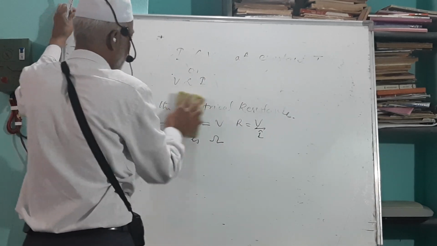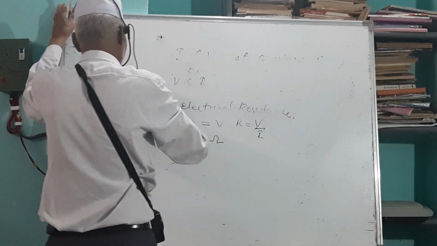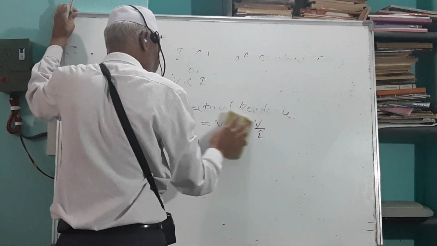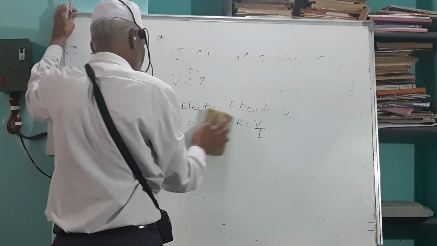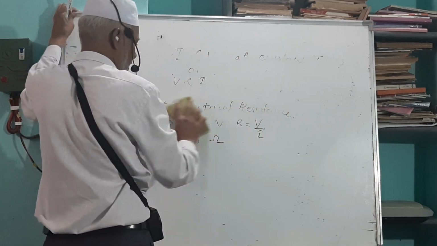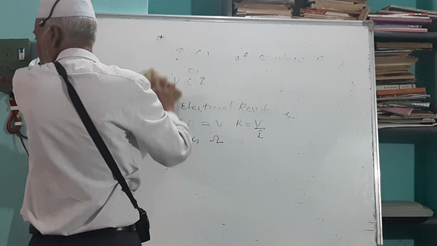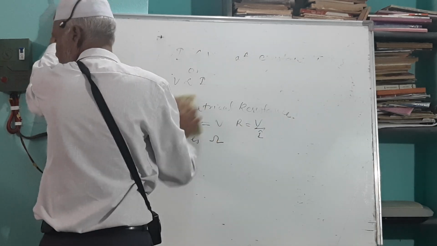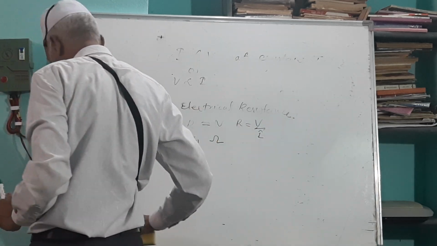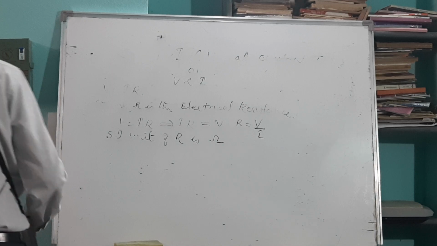First of all, you have to know what the meaning of dimension is. Dimension may be the conductor's length, breadth, or volume. All together we are calling it the dimension of the conductor.